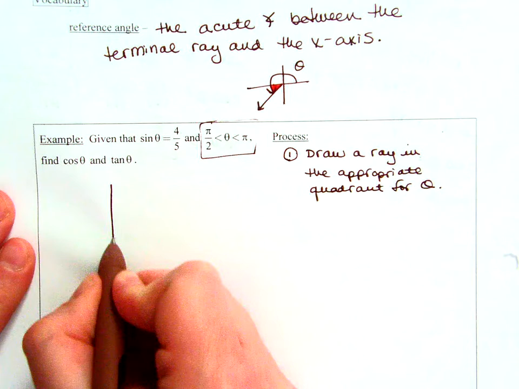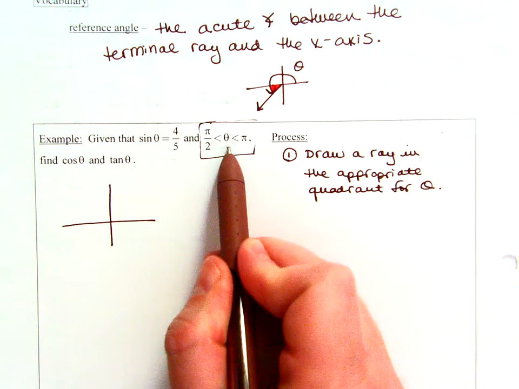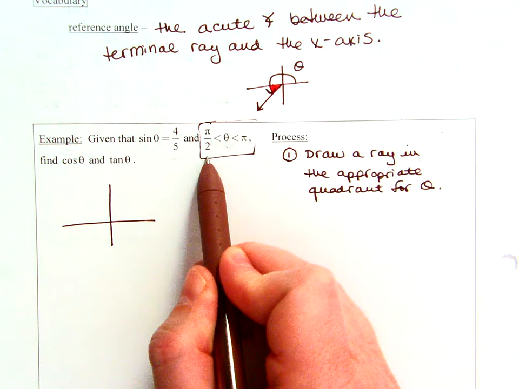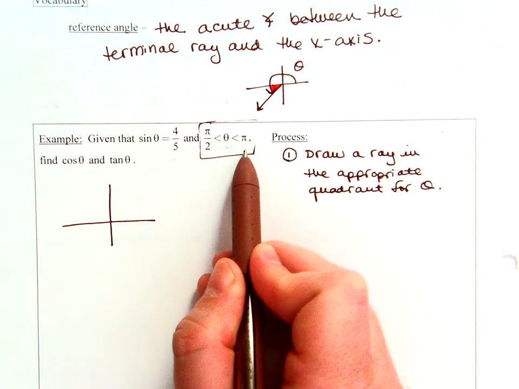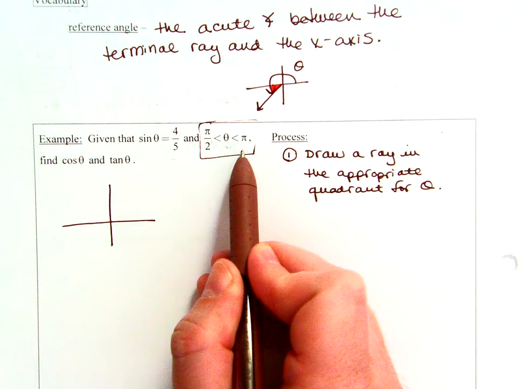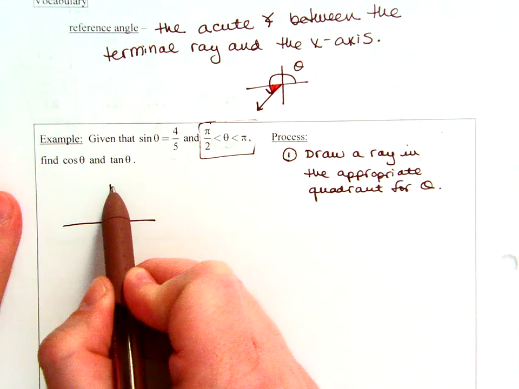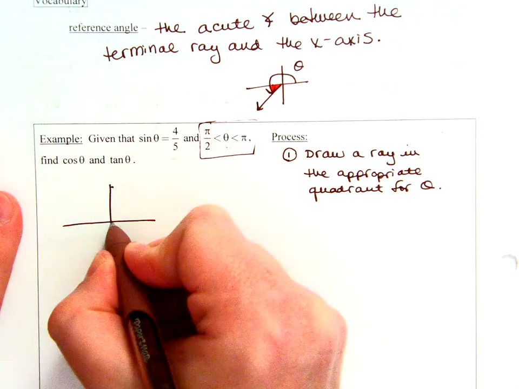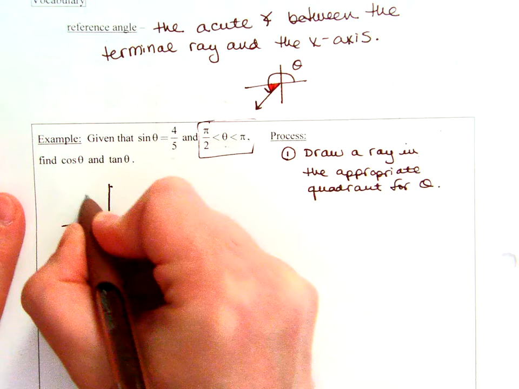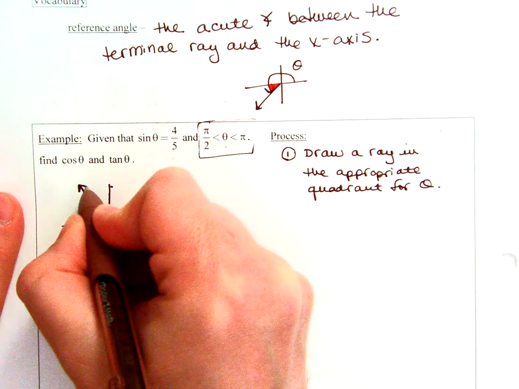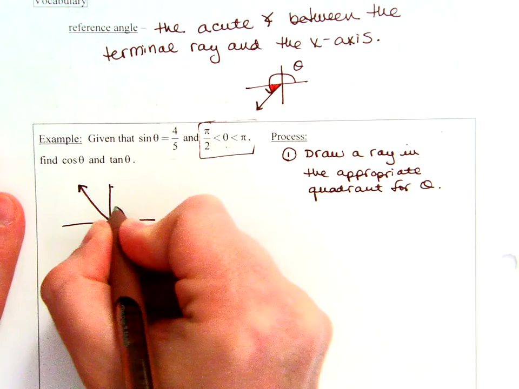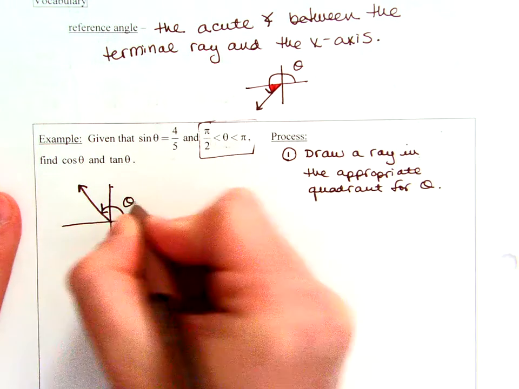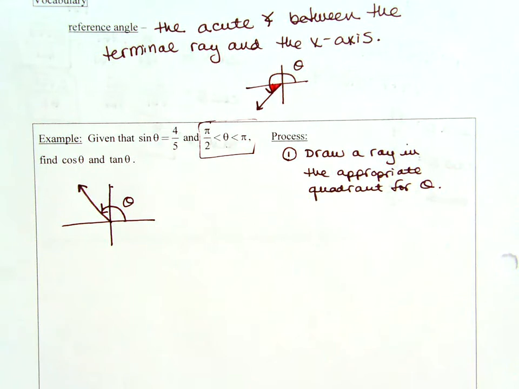I know that theta is an angle between pi over 2, or 90 degrees, and pi, or 180 degrees. Here's where that unit circle stuff really comes in. Here's pi over 2. Here's pi. I have no clue where exactly the angle is, but I know its terminal ray is going to be in quadrant 2. So theta is that obtuse angle over there.